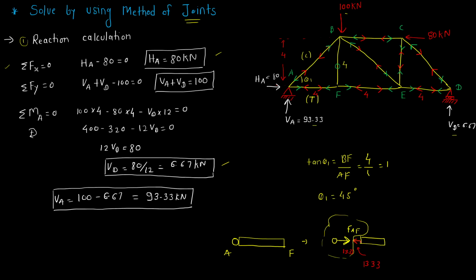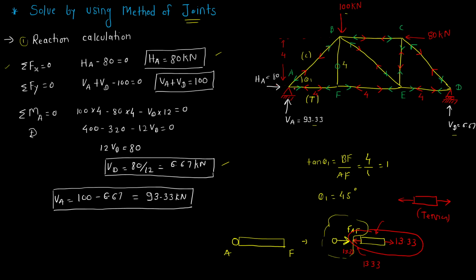Now to balance this member, on the left hand side there is 13.33, that means on the right hand side there should be 13.33. Now if you look, the central part is nothing but the member, and it is subjected to two forces in this way. Now by looking at this, you can say that this is in tension. So same thing we have given here.